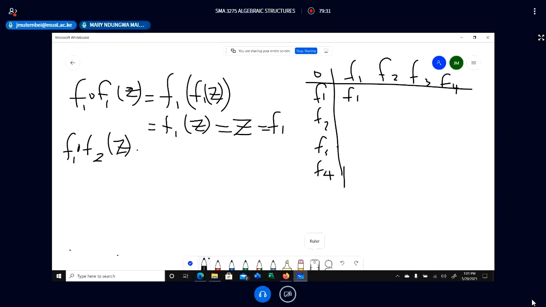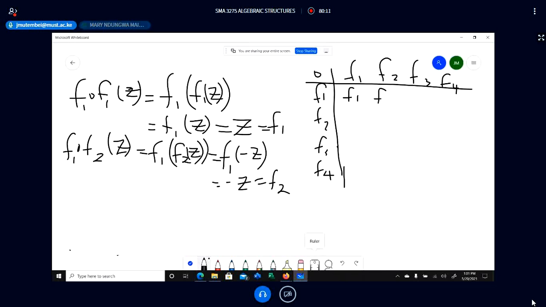F1 composite F2 of Z is F1 of F2 of Z. F2 of Z, I hope you have written those mappings somewhere, F2 of Z is negative Z. So we have F1 of negative Z. And F1 of Z is Z, so in this case our Z is negative Z. So this result will be equal to negative Z. And negative Z is equivalent to F2. So this is F2 there.